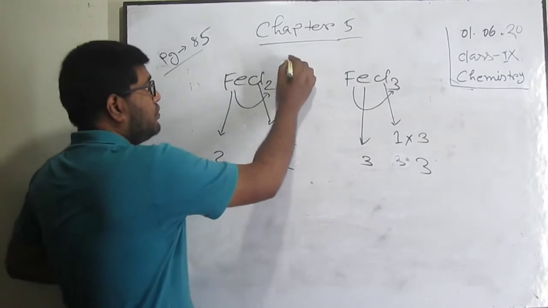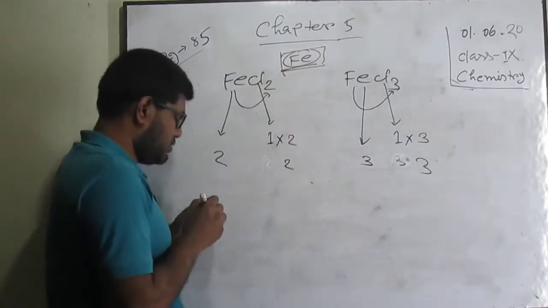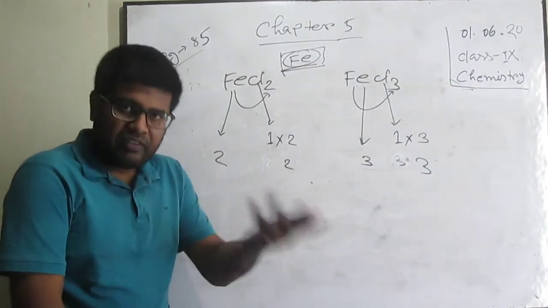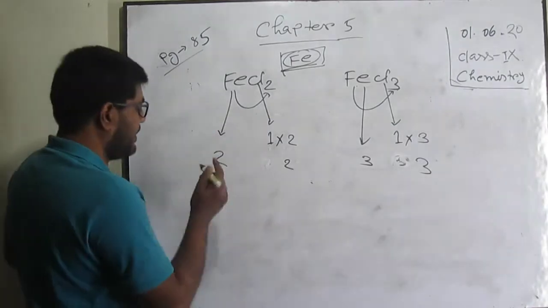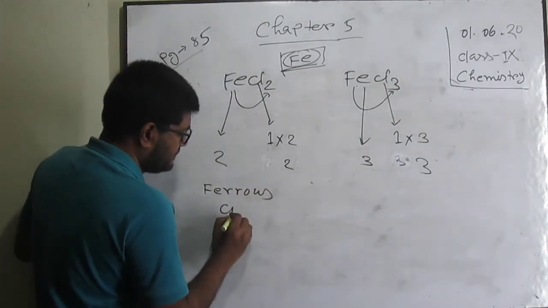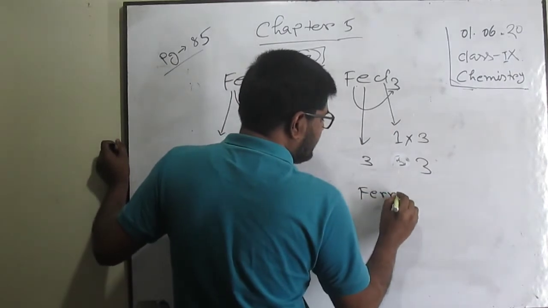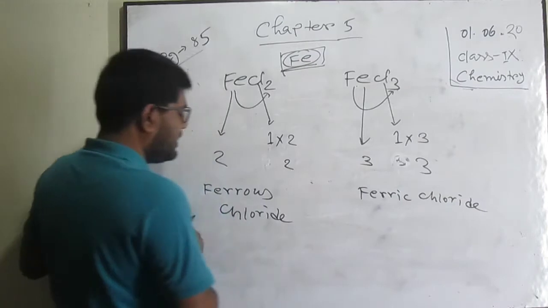So iron has different valency in different compounds. This is called ferrous chloride, and this is called ferric chloride.